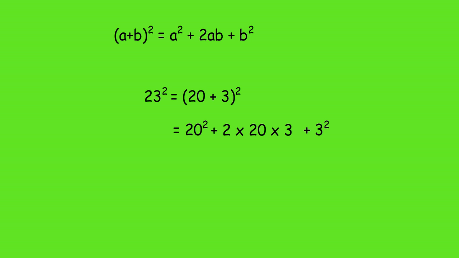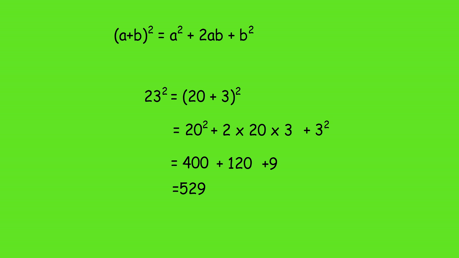That is, 20 square you can write as 400, plus 2 into 20 into 3: 2 into 20 is 40, 40 into 3 is 120, plus 3 square, you can write it as 9. Now add it, you get 529.